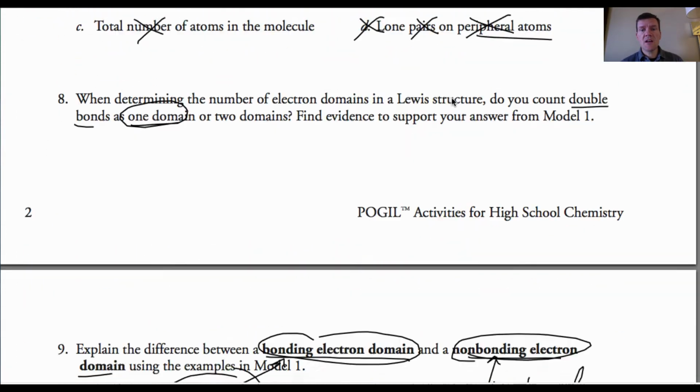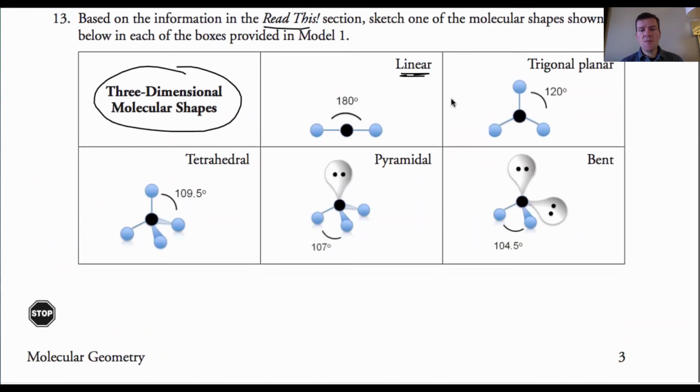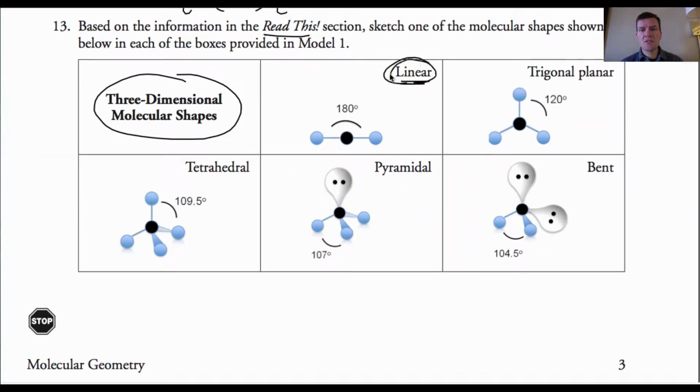Let's look at our possibilities. What I'm going to do is take a particular 3D shape, look at it, and try to match it to one of the two-dimensional Lewis structures up there. What I see here is I have a central atom. I don't know what it is, it's just a central atom. Then I've got atoms that are around that central atom. And I then have these bonds.